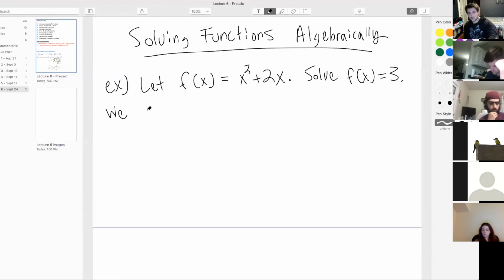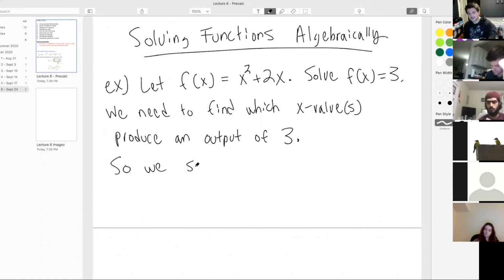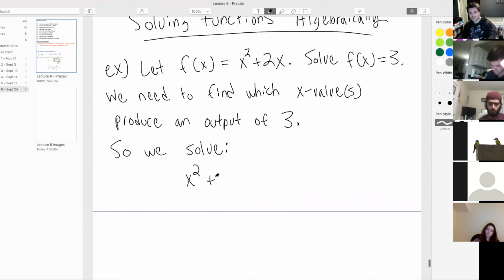What this means is that we need to find which x value(s), I put the s in parentheses because there could be more than one, produce an output of 3. So this just comes down to solving. We set x squared plus 2x equal to 3 and solve.